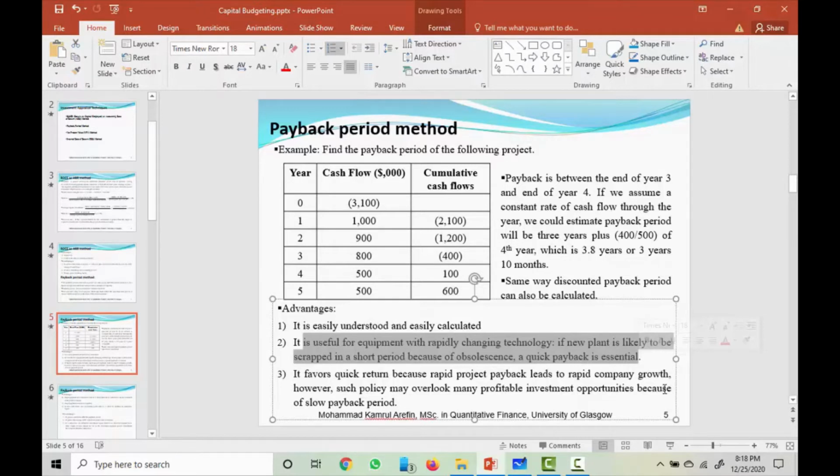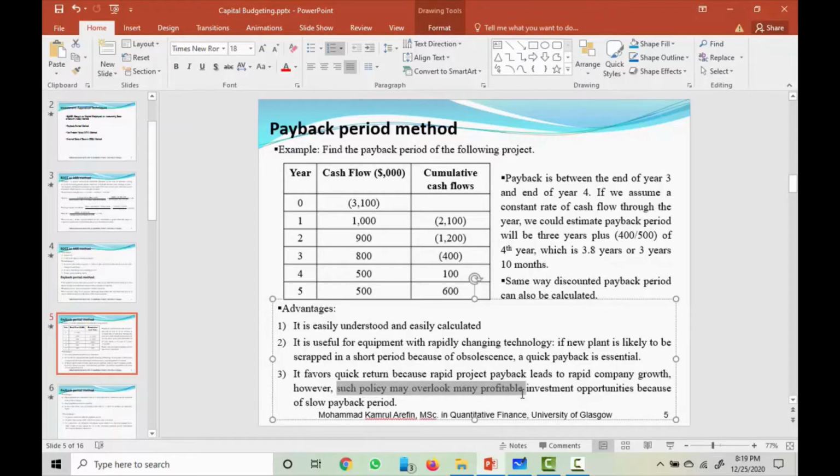Because of that, technology based companies want to know how quickly they can get their initial investment on the project back, so that they are safe. So it favors quick return, because rapid project payback leads to rapid company growth. Well, if you can get quick payback, obviously it will give you rapid growth.